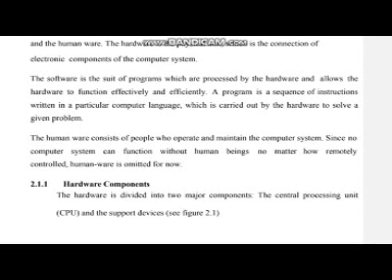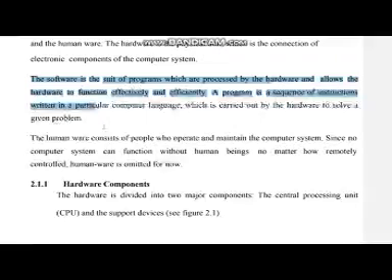So you might be asked in your exam that the dash is the physical unit, which is the connection of electronic components of the computer system. Or you could be asked that the hardware is the physical unit, which is the dash of the electronic components of the computer system. So note all this.